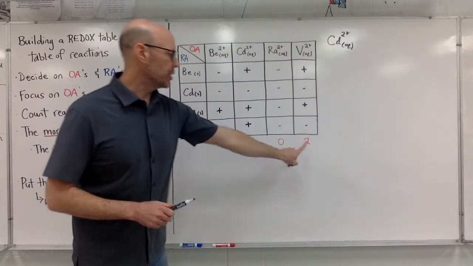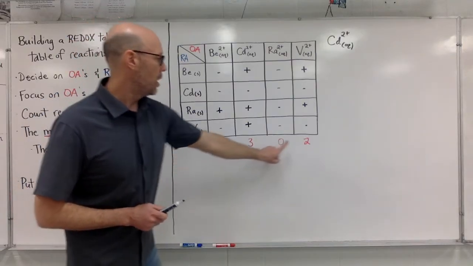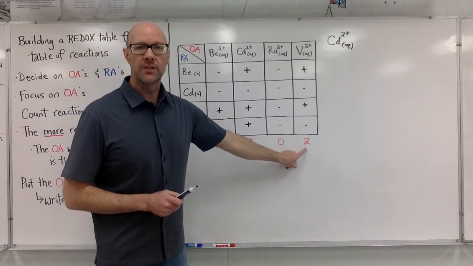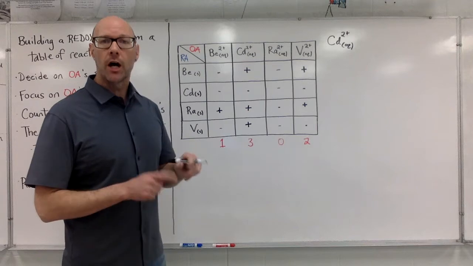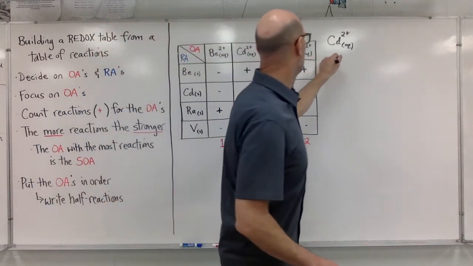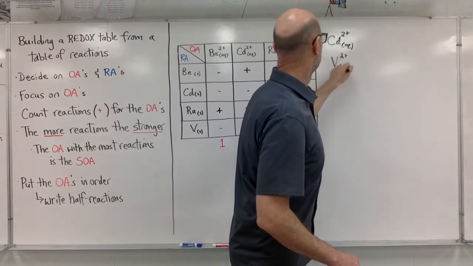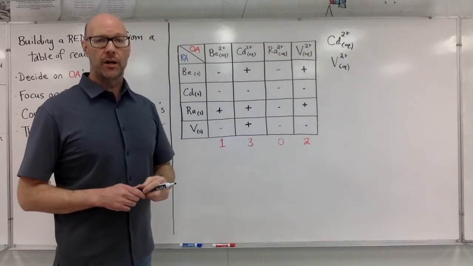The second strongest one is the one with the second most pluses. That was this one. 3 and then 2. Second most was vanadium. The second strongest oxidizing agent are the vanadium ions.